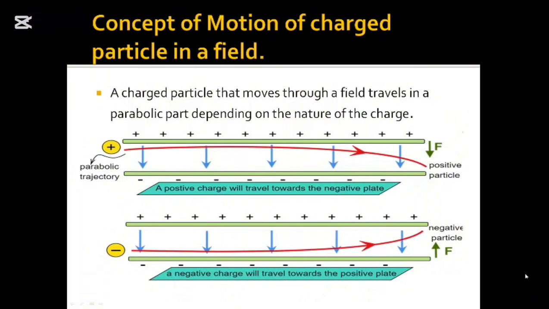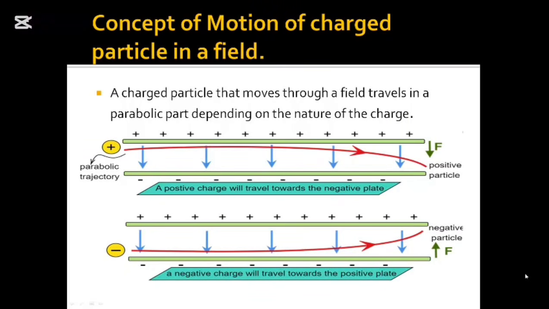Now, in terms of path or how it moves, a charged particle moves through a field in a parabolic path. What does that mean? No charged particle moves through a field in a straight line because something will happen. As long as the body is charged and is within the field, remember, field is caused by interaction of charges.